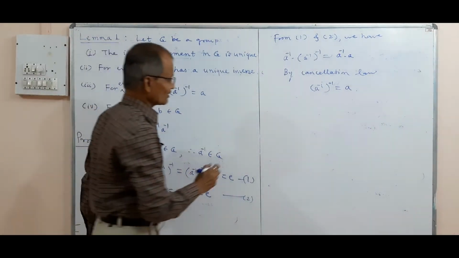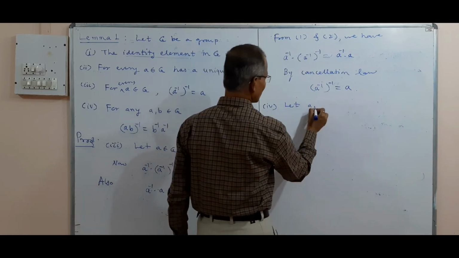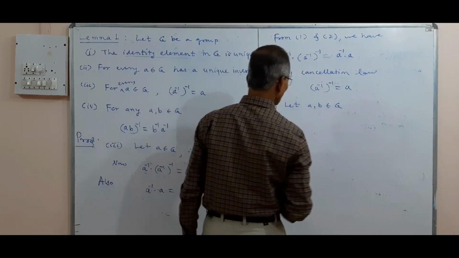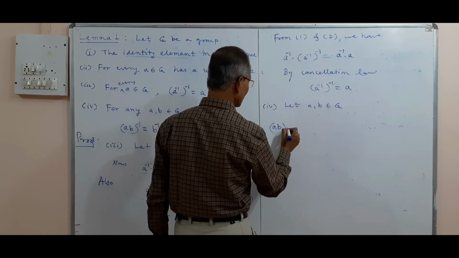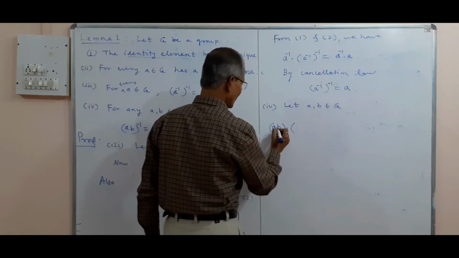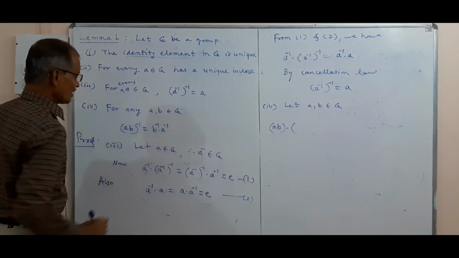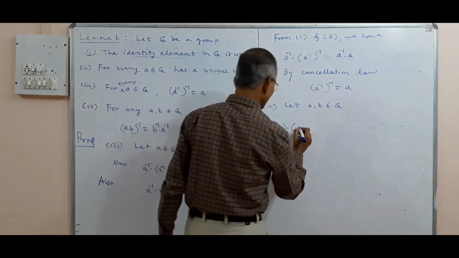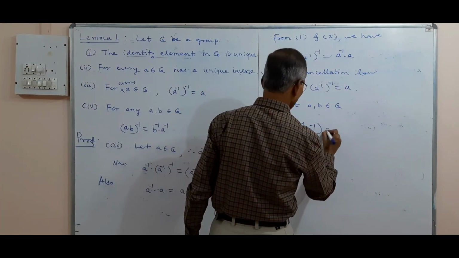And the fourth is also simple. So what we shall consider is, let A, B belong to G. And we have A dot B, we may consider dot, and B inverse A inverse is equal to.